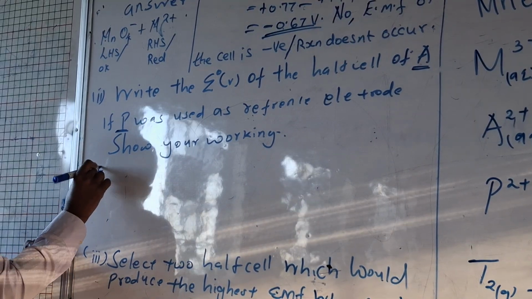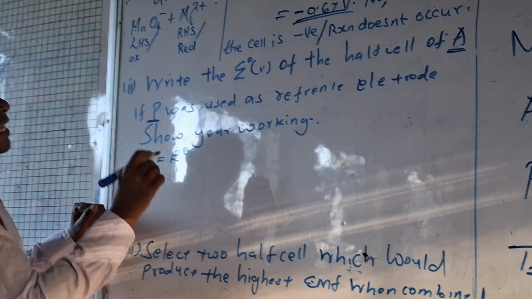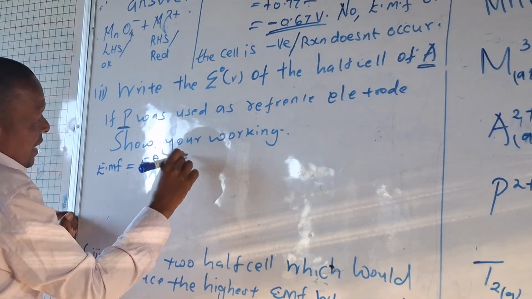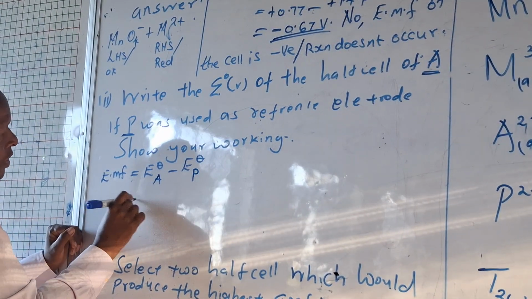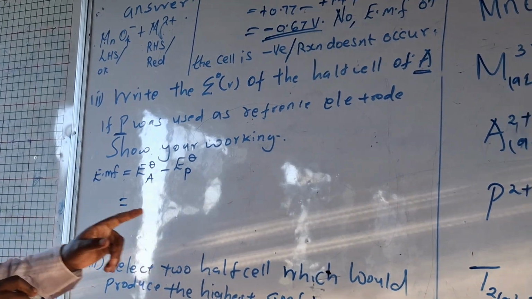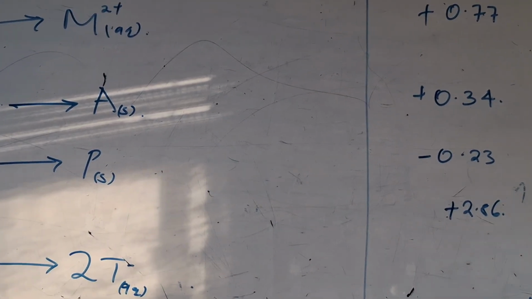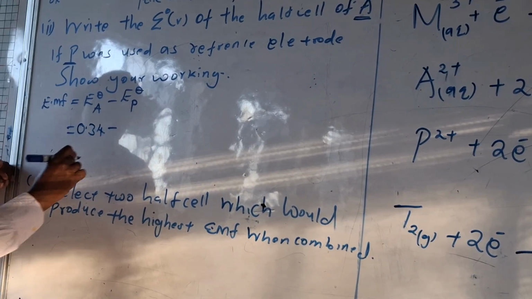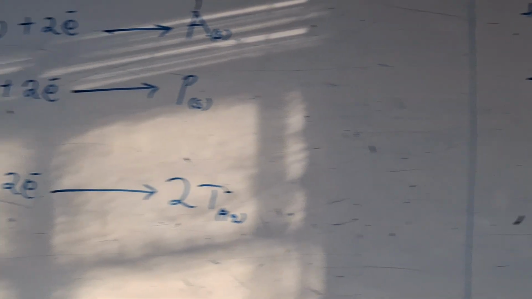You say EMF is equal to E standard of the electrode you are dealing with, which is A, less E standard of the reference electrode, which is P. The reduction potential of A is positive 0.34, less the reference electrode P, negative 0.23.